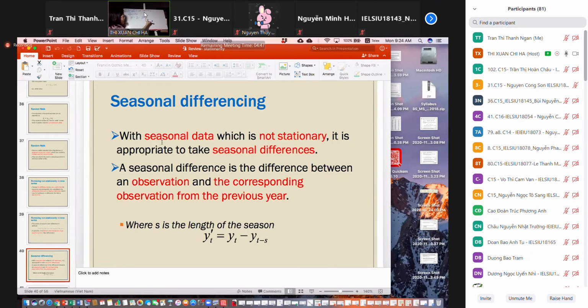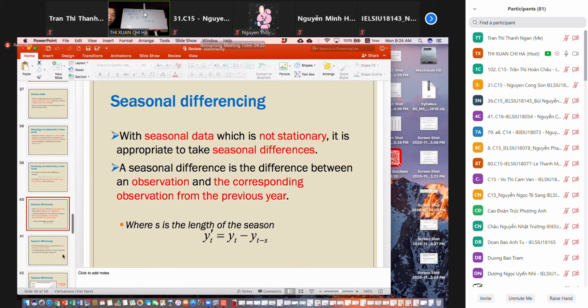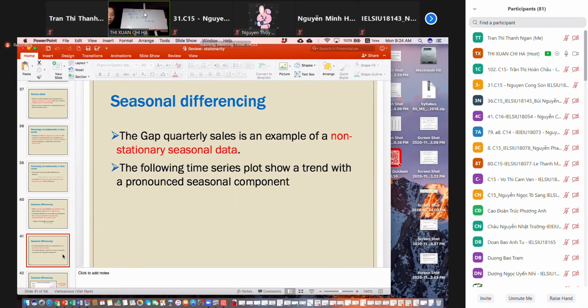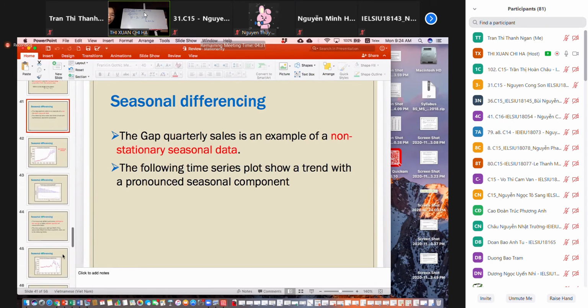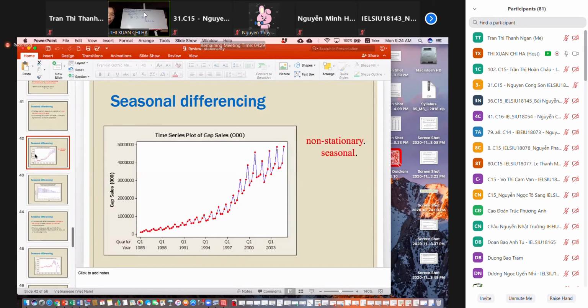So for example, S equals 12. So you have 12, 24, 36. That is the season. Okay. So if you look at that, that is the non-stationary seasonal, right? Non-stationary but seasonal.